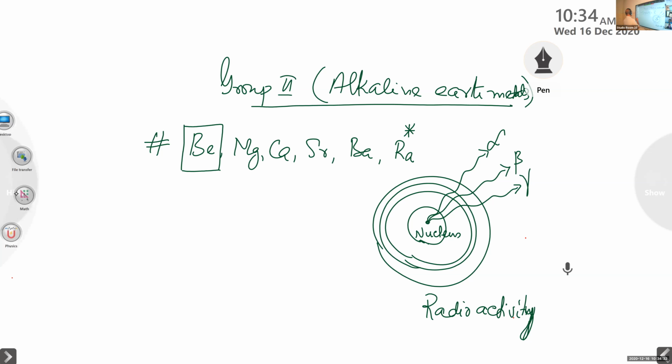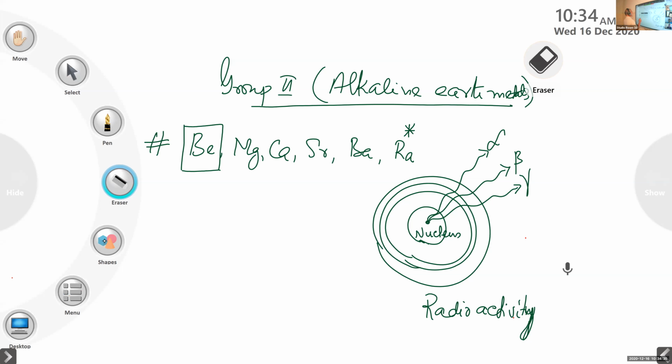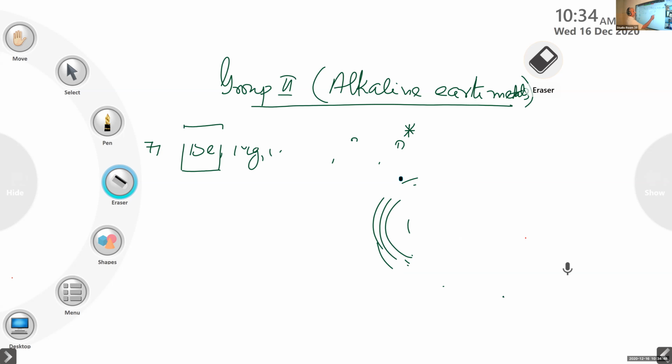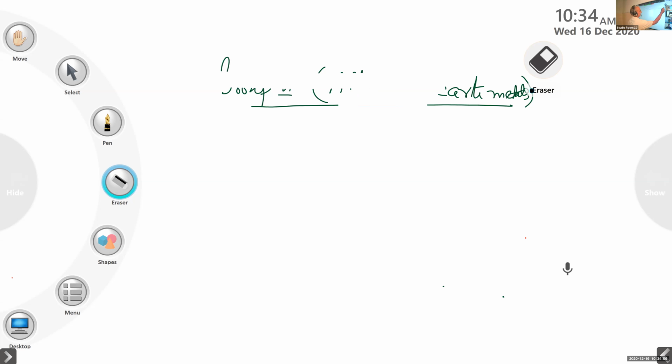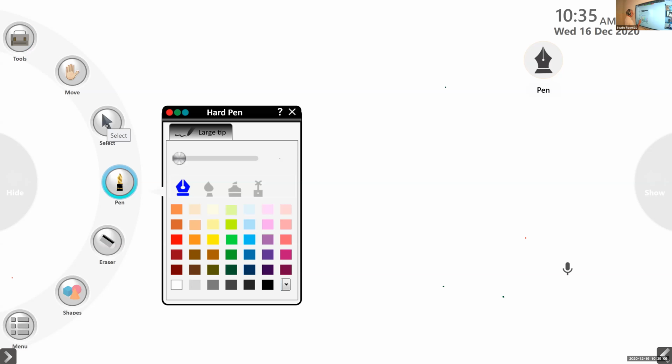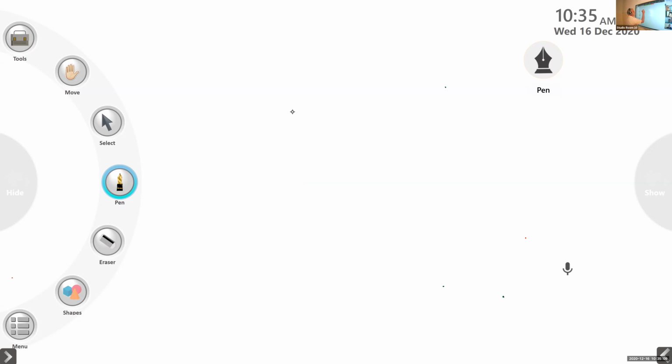To explain the general electronic configuration, let us take the electronic configurations of some simple elements of this group. Beryllium and magnesium, the first two members of the group, may be taken as the examples.